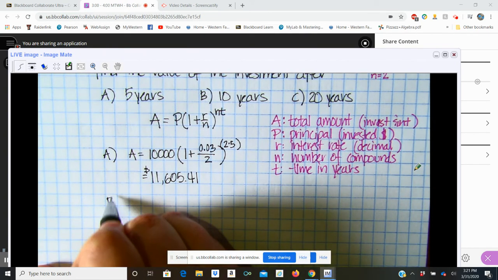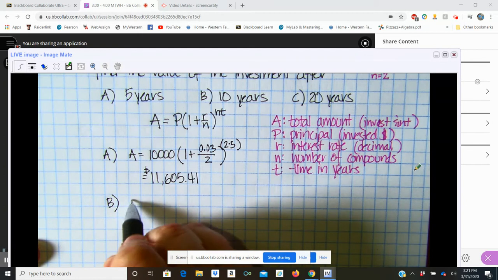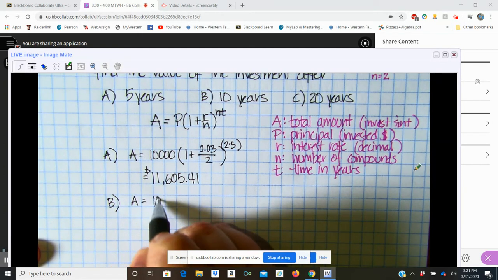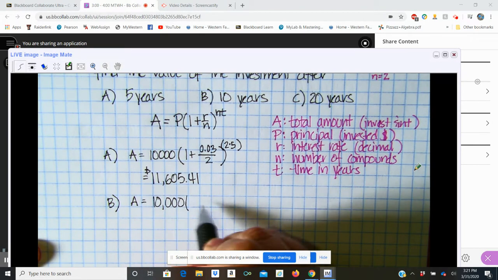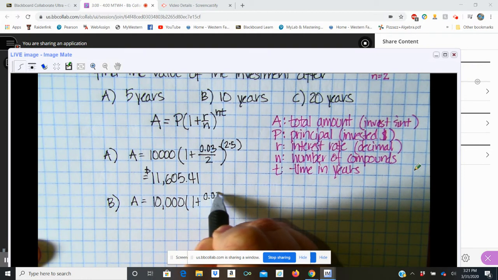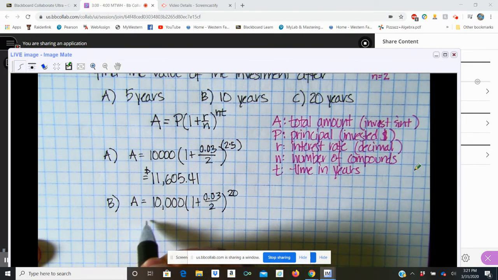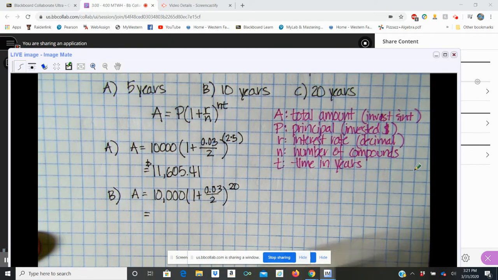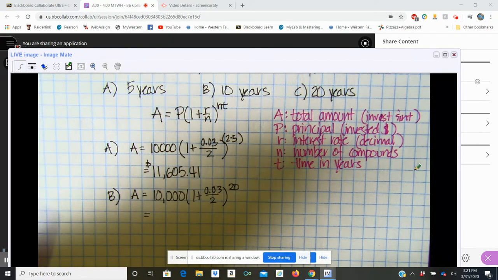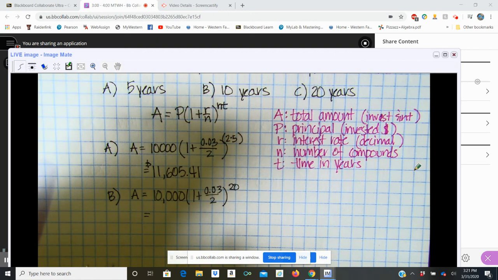So what happens in 10 years? What would 10 years do to this problem? It seems like if you double the time, you should double your money. But unfortunately, that's not what happens.